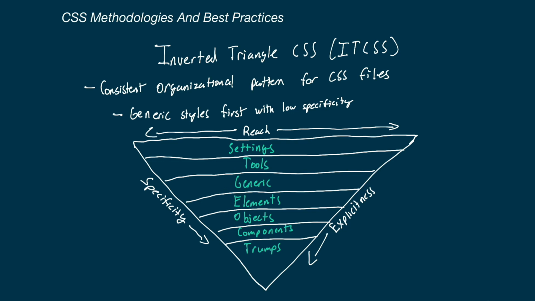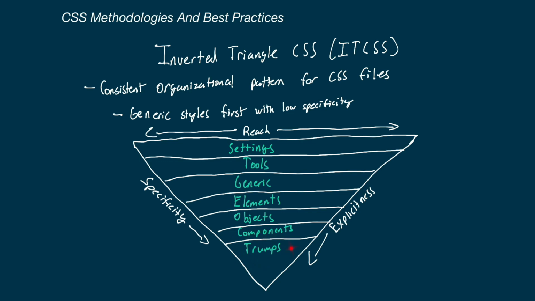Oftentimes, this is used to reset the browser defaults, which is a common practice to ensure consistency between browsers. The next layer is elements, which will hold our type selectors, and below the elements will be the objects layer. This will have the most generic classes in our website and is often used for larger containers. And then next we have the components, which holds the style for individual UI components, which is oftentimes where the majority of our CSS will end up going.